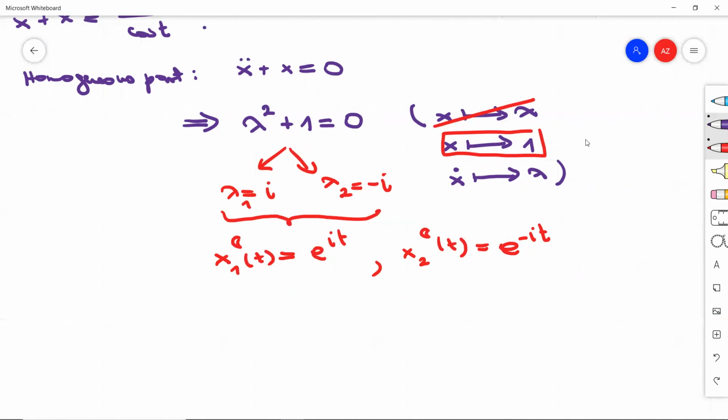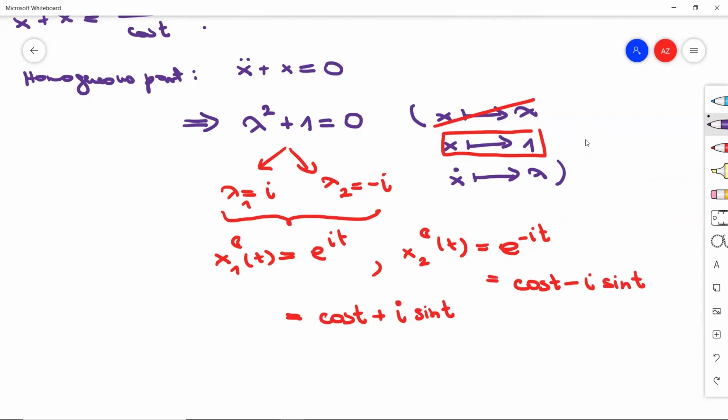We need two solutions. Euler formula, yeah, Euler formula. So e to the it is cosine t plus i times sine t, and e to the minus it is cosine t minus i times sine t.